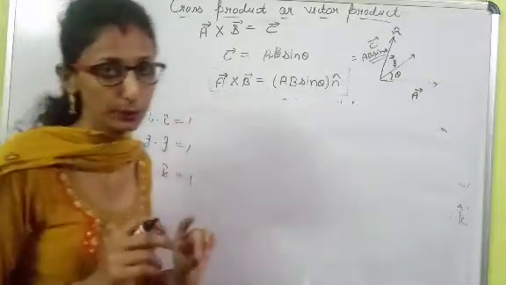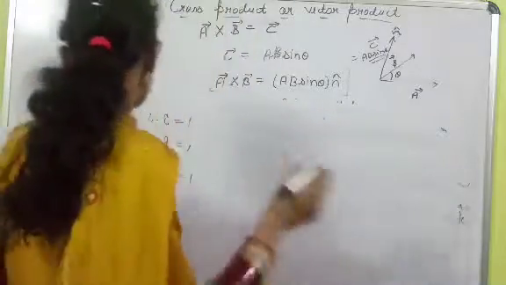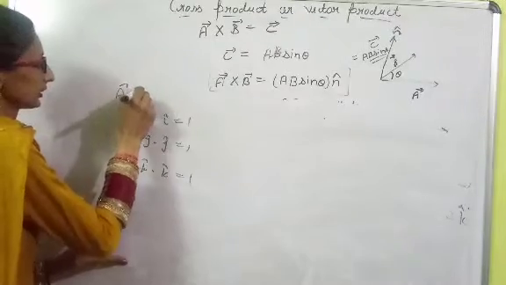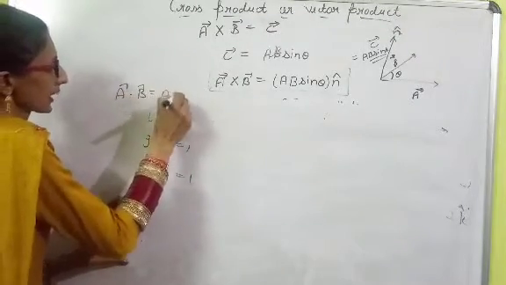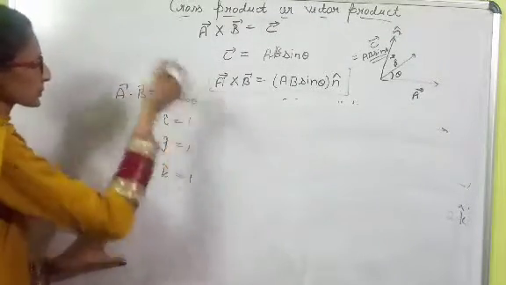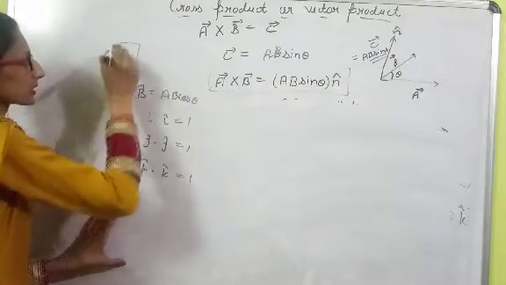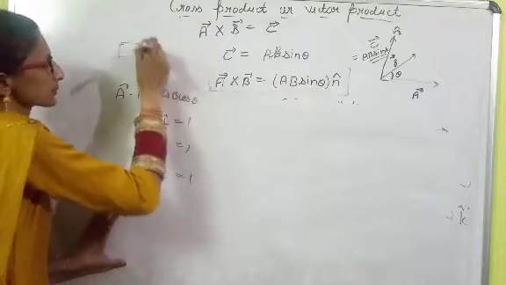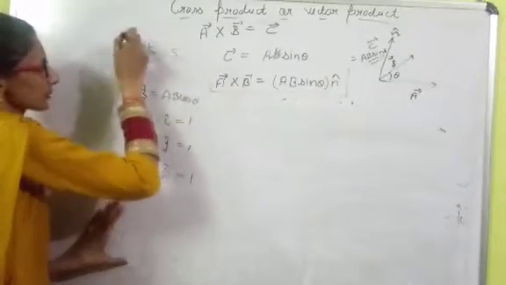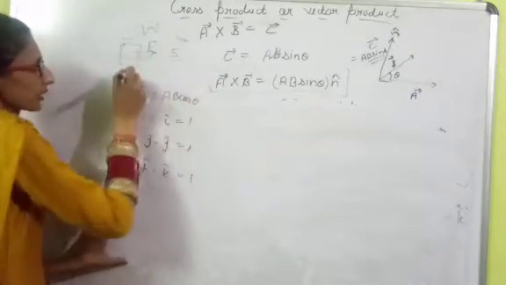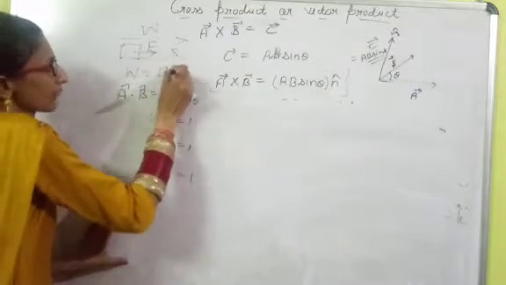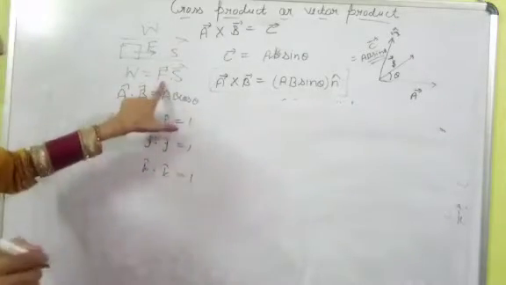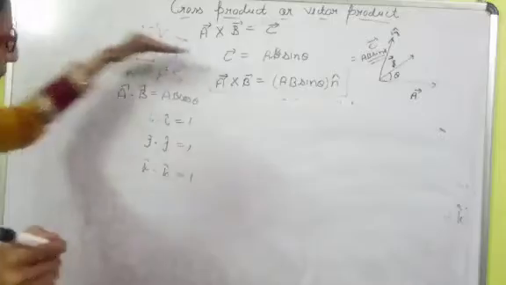Because in the dot product, A dot B gives the quantity AB cos theta in the same direction. Let us suppose we have a box. If we apply a force in this direction and there is a displacement also in this direction, it means work is being done in this direction. We know that work is equal to F dot S.